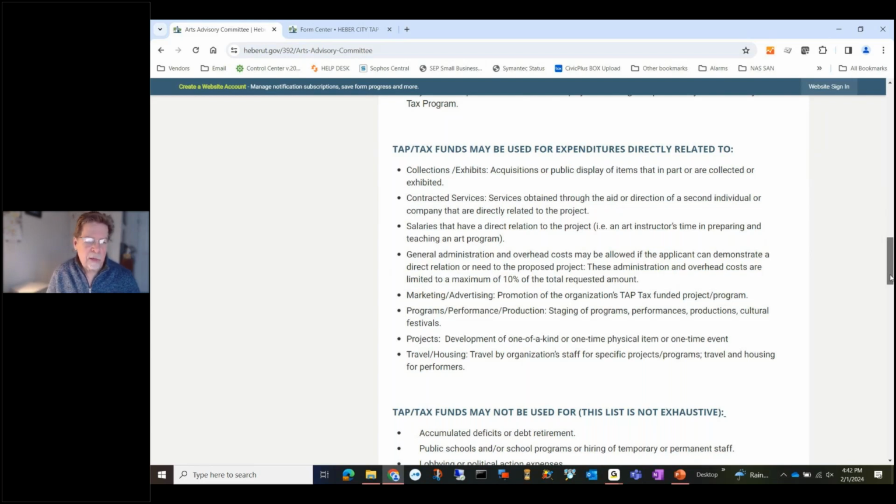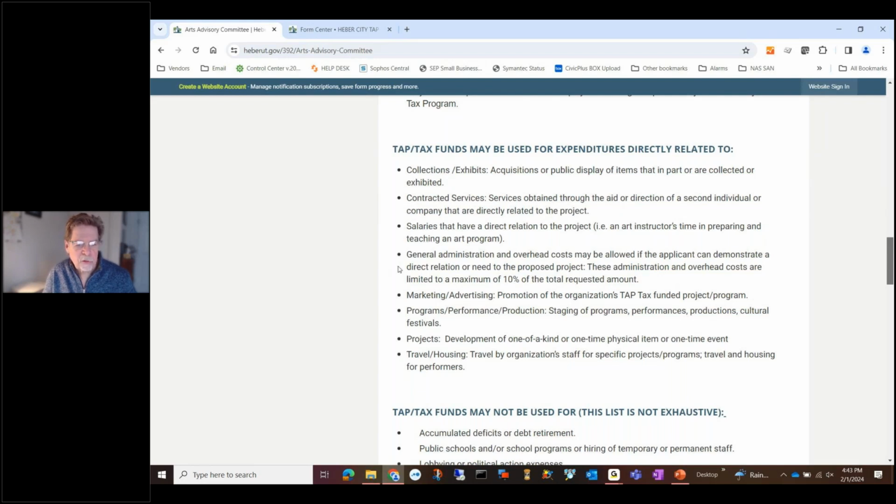Salaries that have a direct relationship to the project, i.e. an instructor's time in preparing or teaching in our program, are allowed to be funded through the grant. General administration overhead costs, such as a portion of the rent or a portion of a long-term acquisition of an item that is not directly related to the project, however, need to be more clearly defined.